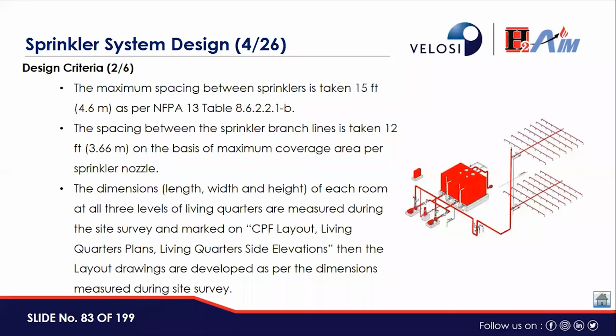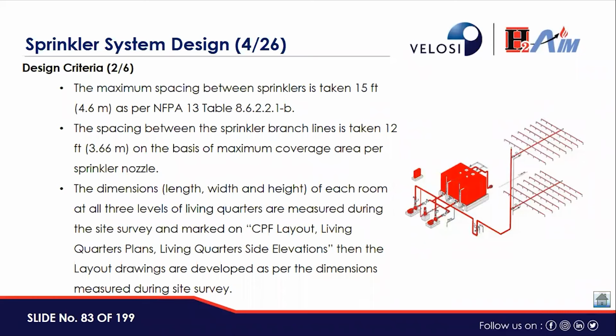The dimensions, length, width and height of each room at all three levels of living quarters, which involves main deck, level 1 and level 2, were measured during the site survey and marked on the CPF layout, living quarter plans, and living quarter side elevations.